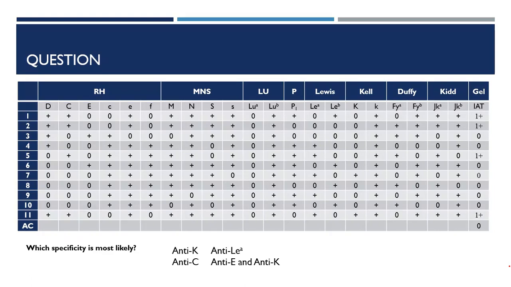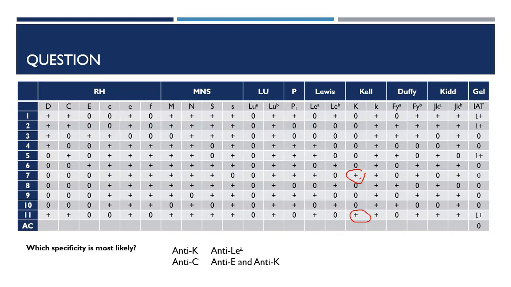All right, so I have a question. Which specificity is most likely? So I did all my rule outs on the previous screen, and I've now moved past them. So I'm going to show you, again, a quick way just to answer the question. So is anti-big K, is that a likely specificity? Well, let's quickly look over here at our panel. I have 2 panel cells that are positive for the big K antigen.